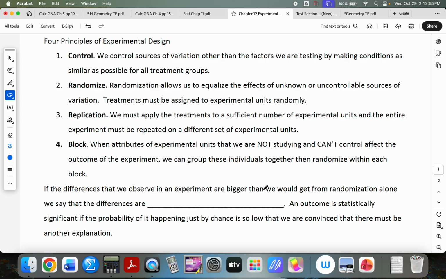So I'm going to divide them into 3 groups: people with low blood pressure, people with moderately high blood pressure, and people with very high blood pressure. And then within each of those 3 groups, we're going to do the experiment, and we are going to randomize which people get which treatment from the high blood pressure group, the moderate blood pressure group, and the lower blood pressure group. Right? Because it may be that those different groups respond differently. Does that make sense? So we're dividing them into groups that are the same on some characteristic.